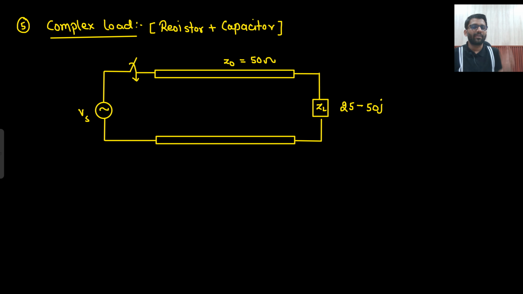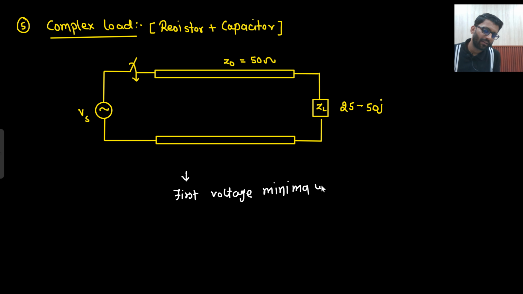In case of a capacitive load, what will happen? Don't do the calculation. I am not going to do the calculation, okay? But what I can see is that a capacitive load is there. So first voltage minima will occur. I am not sure about the location, okay? But first voltage minima, or you can say current maxima, will occur.